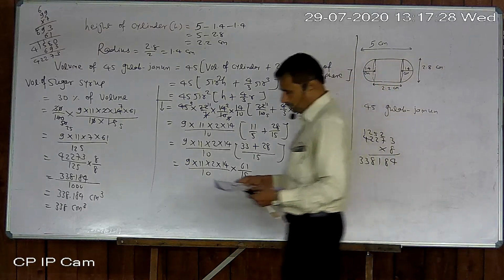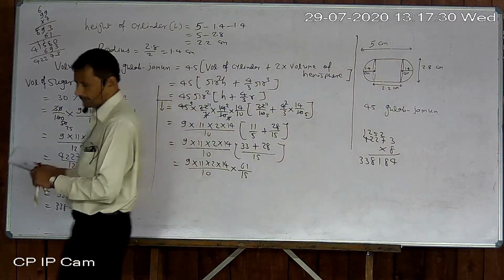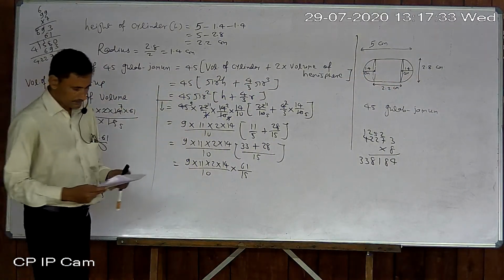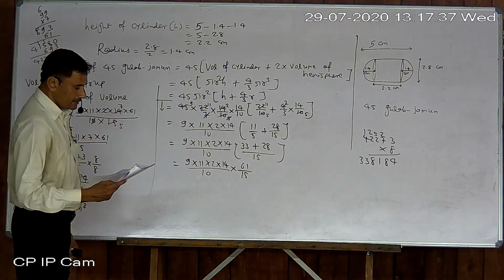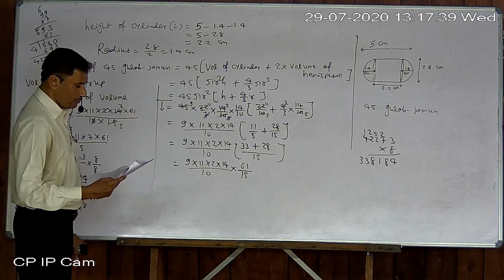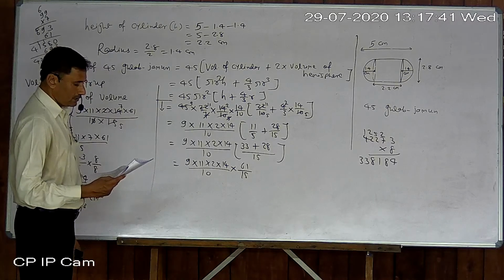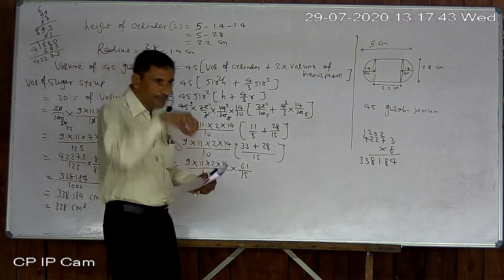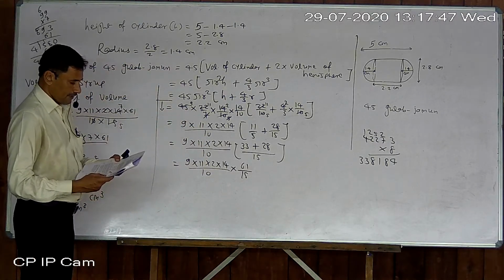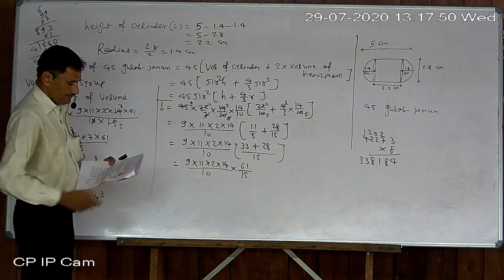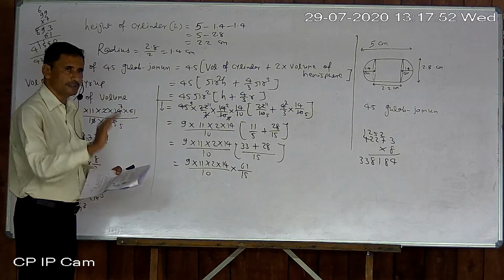Now look at number 4. A pen stand made of wood is in the shape of a cuboid with 4 conical depressions. Depression means pit, to hold pens. The dimensions of the cuboid are 15, 10 and 3.5, meaning length, breadth and height.